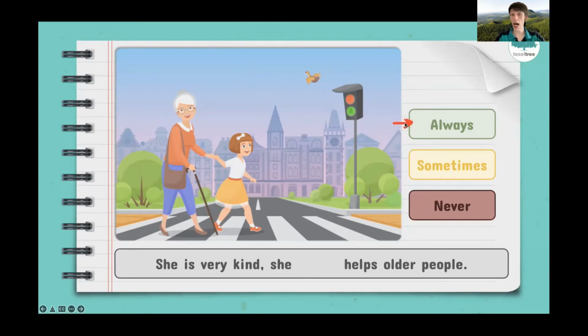If you're very, very kind, is it sometimes or always? That's right. It's always. Let's read the sentence together. 3, 2, 1. She is very kind. She always helps older people.